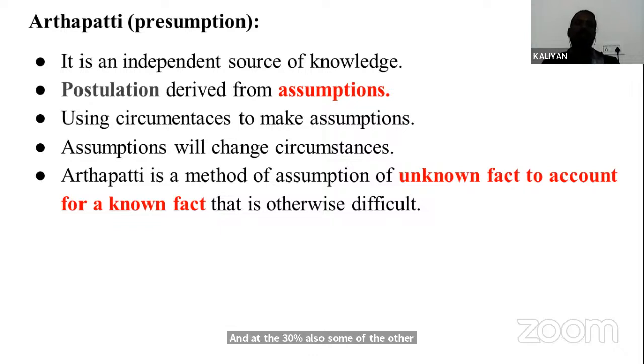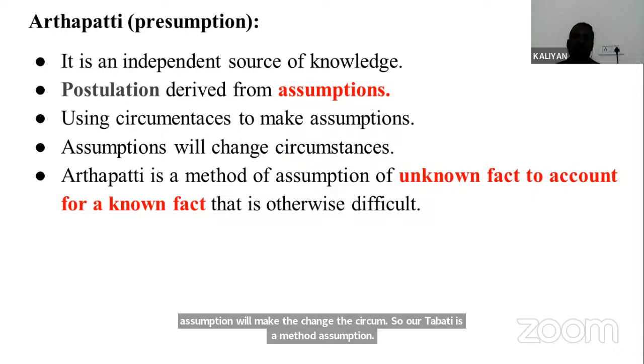There are also some other sources of knowledge. Arthapatti means presumption, knowledge deriving from assumption. Using the circumstance to make the assumption, a method of assuming a known fact to account for an unknown fact.